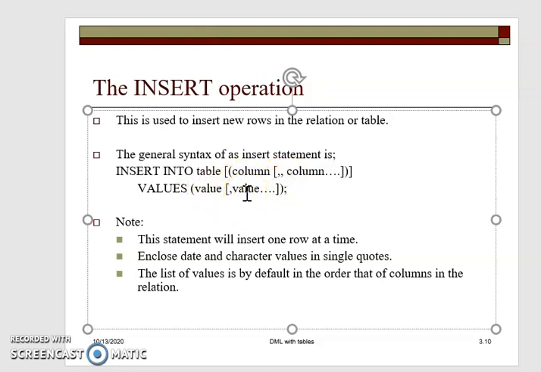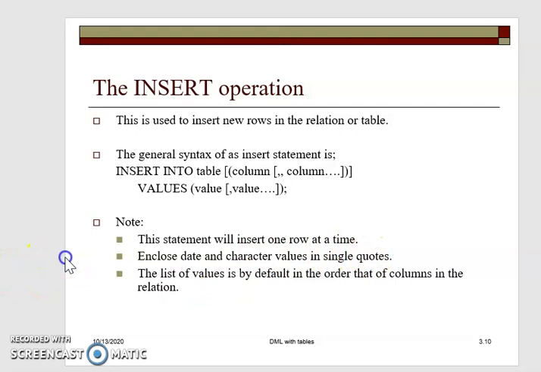The values for registration number, you add there. The values for first name, you add them there, and so on and so forth. But what you should take note of is that this particular statement will only allow you to insert data in one row at a time. Please ensure to enclose the date values and the character values in single quotes.